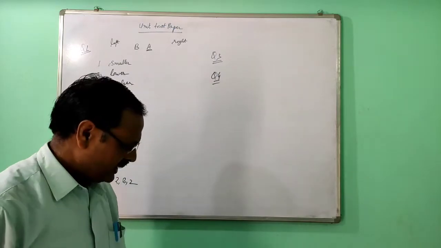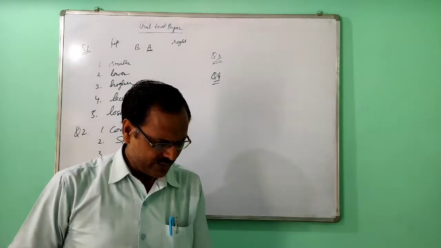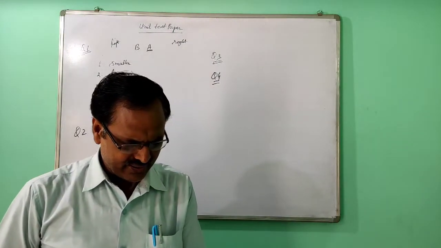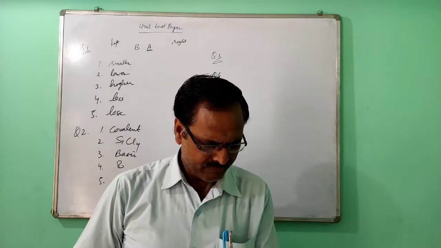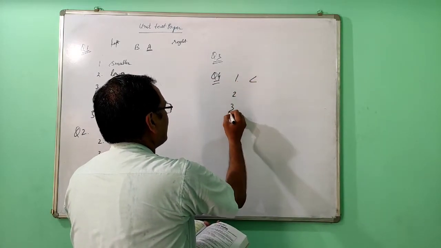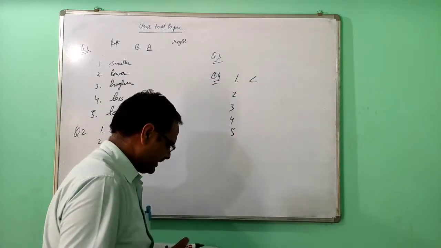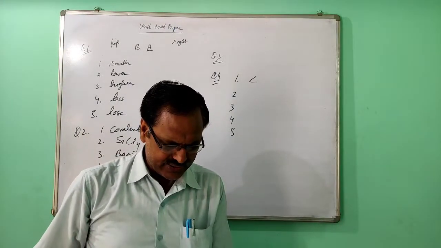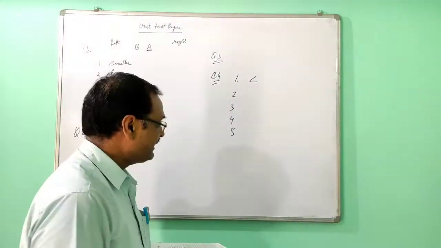Question number 4. The element with atomic number 19 is matched with C, group 1. Now the second one: the element with electronic configuration 2, meaning the duplet is complete, so group 18A.